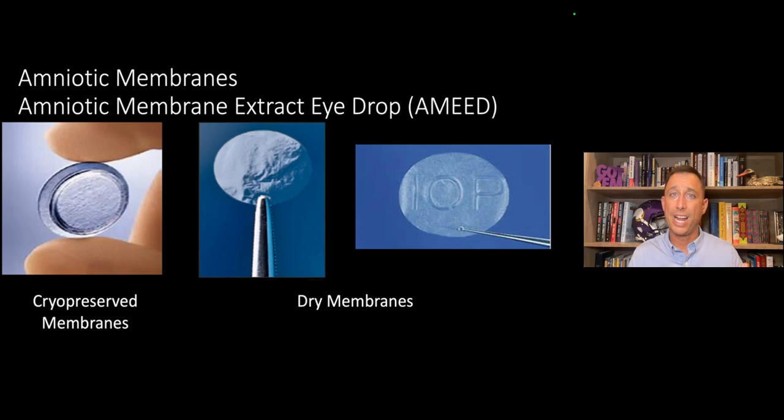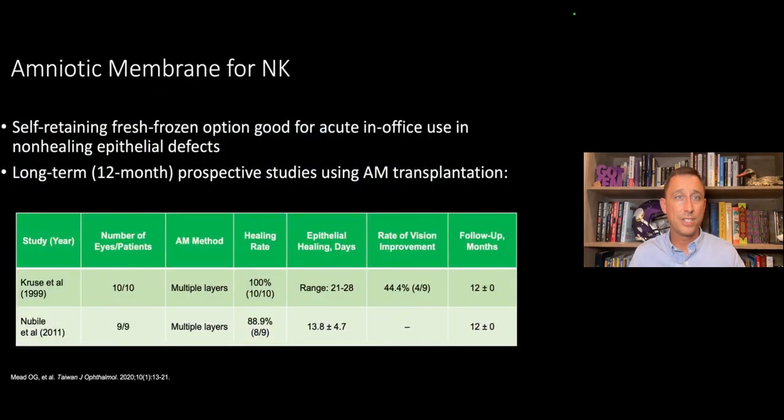Cryopreserved is typically where I lean a bit because of the data around cryopreserved. Dry membranes, you may have a preference for those, but these are typically my go-to out of the gate start with while I'm maybe prescribing Cenegermin and waiting for that, or I have a stage 1 patient that I can heal with an amniotic membrane graft. Here's some of the data around NK and amniotic membrane grafts.